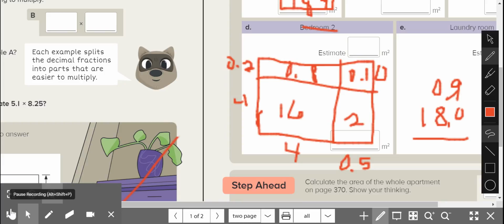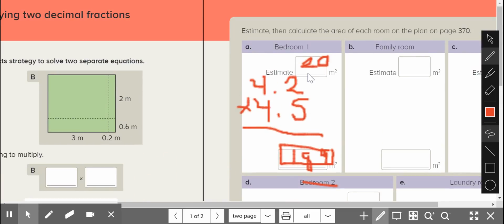Please do your best to complete the rest. I do believe that you can figure them all out. If you want to know what the estimate was in the book for this one, the estimate they used was 18. The way they got to 18 was they took 4 times 4.5. 4 times 4.5 is 18.